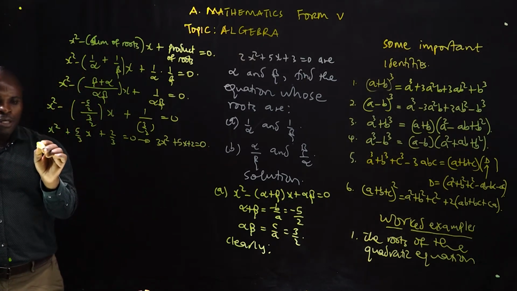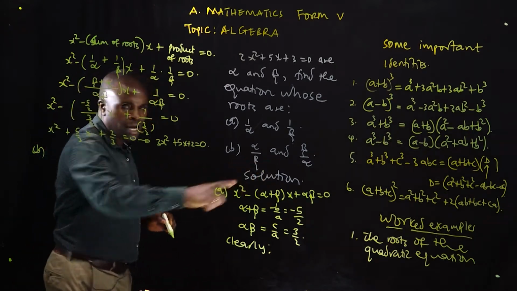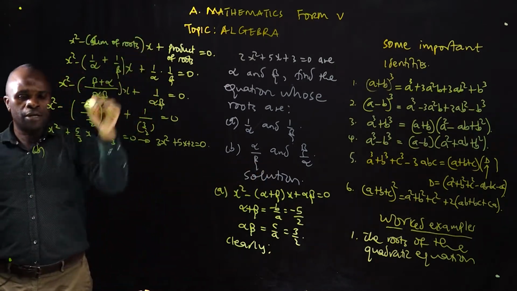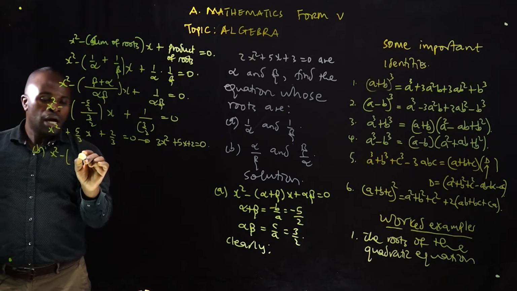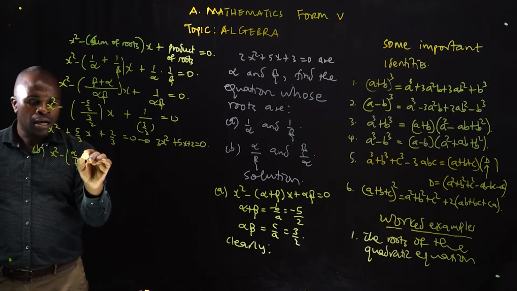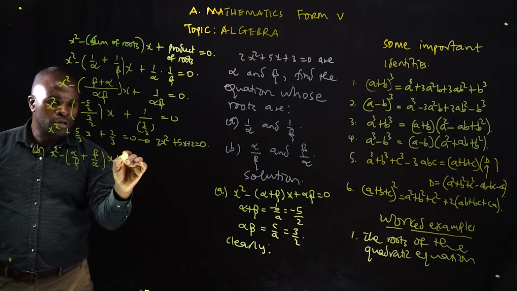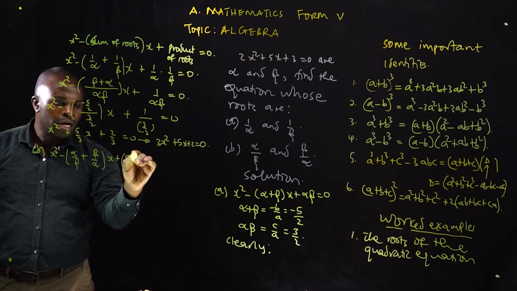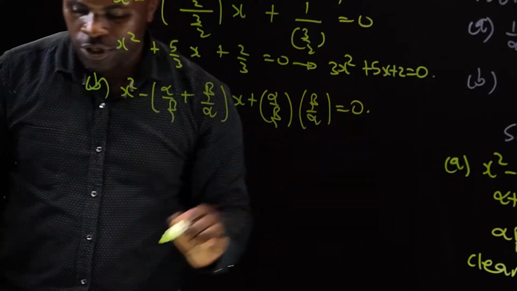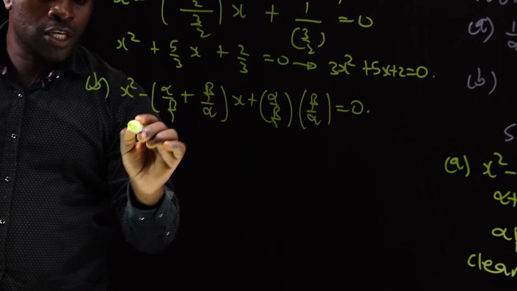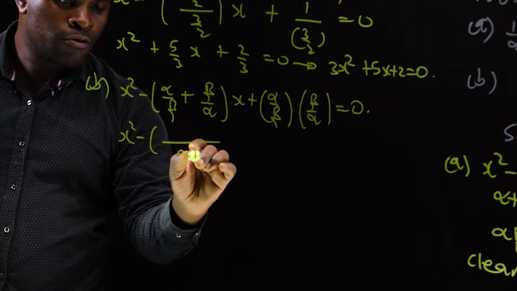Let's check B. B says find the equation whose roots are alpha over beta and beta over alpha. Using the same formula, x squared minus the sum of roots, alpha over beta plus beta over alpha, times x, plus the product, alpha over beta times beta over alpha, which gives 1. Working on this, the LCM is alpha beta, giving alpha squared plus beta squared over alpha beta.